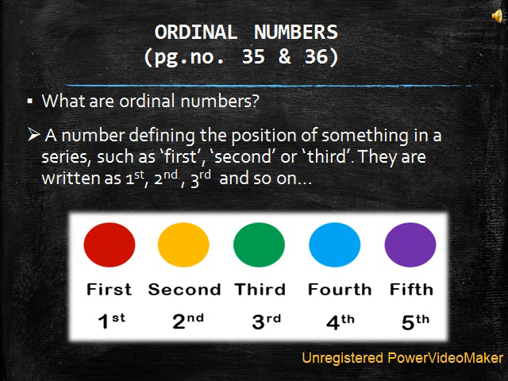Number 5, fifth. So when we say first, second, third, fourth, fifth, these numbers are known as ordinal numbers. We will study ordinal numbers up to 12 only.